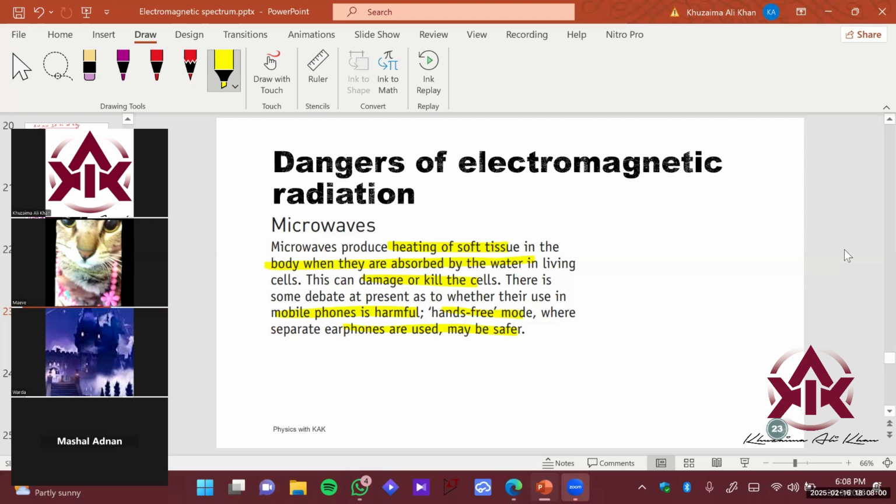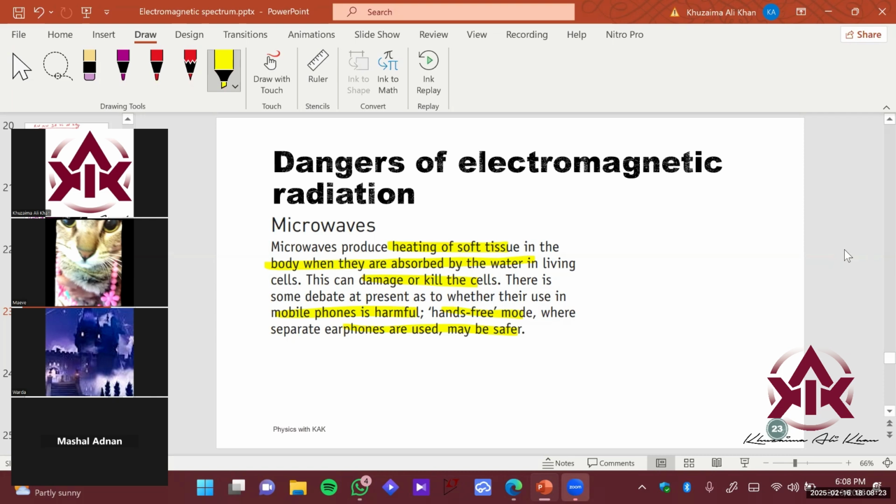When you are getting a call, it produces the maximum amount of waves. If your phone is near your head while you're sleeping, or you accidentally lie over your phone while it is continuously ringing, that can lead to damaging of the cells.